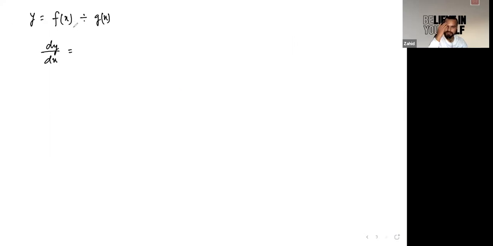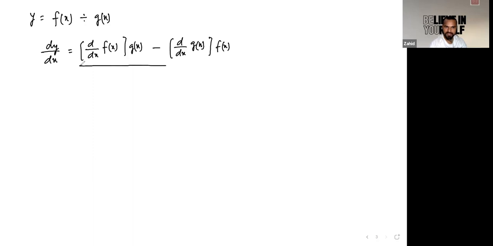So according to this rule, you differentiate the first part, multiply it by second. Similarly, differentiate the second part, multiply it by first, but put a negative sign in between and the whole divided by the square of the denominator. So this is the rule of division, or you can say it is the quotient rule.